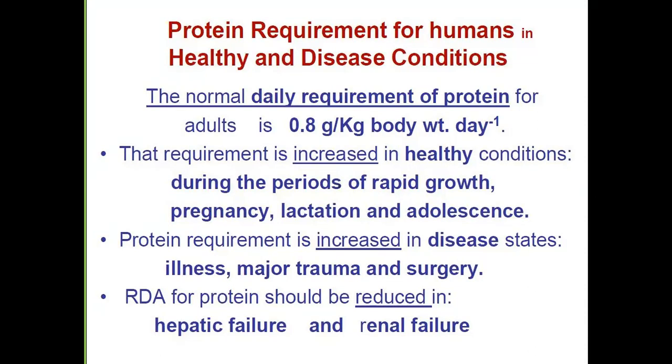A young child may require 2 to 3 times that amount. So children should consume 2 grams per kg body weight per day. A pregnant woman needs an additional 10 grams of protein, and a lactating woman needs an extra 15 grams of protein per day.